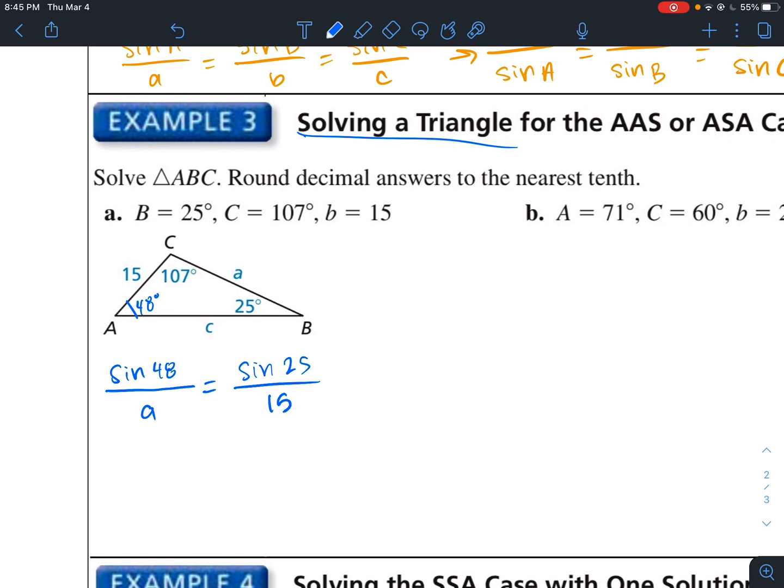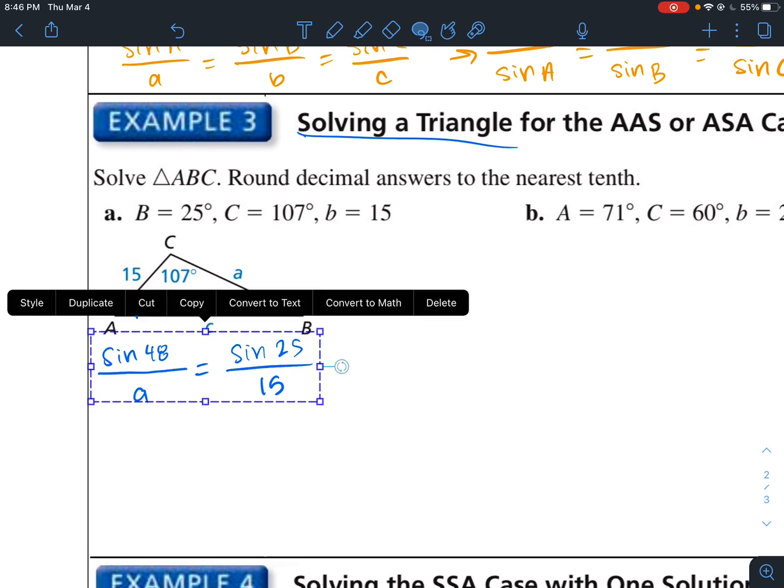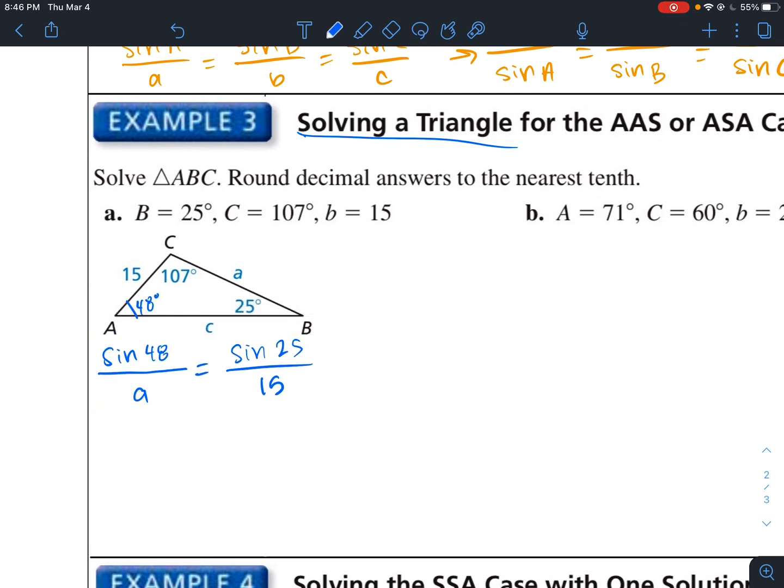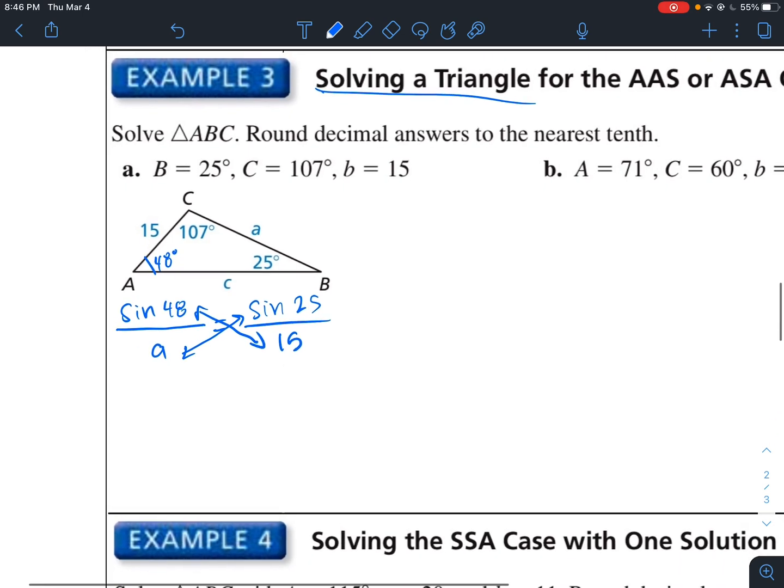So now I have an equation right here with an unknown variable, A. So I can use that to solve this equation. This is something that you might have learned a long time ago called cross multiplication. If you have two fractions in an equation, then you can use this method of cross multiplication to solve.